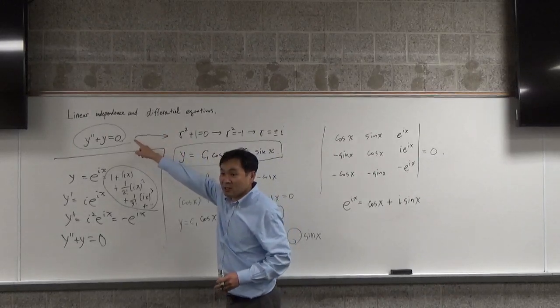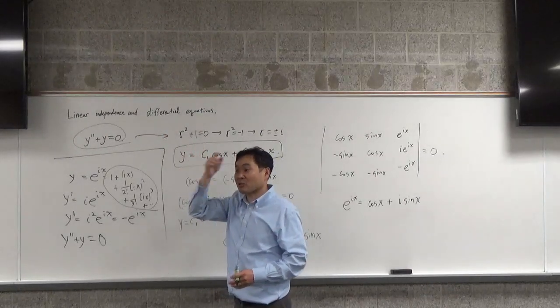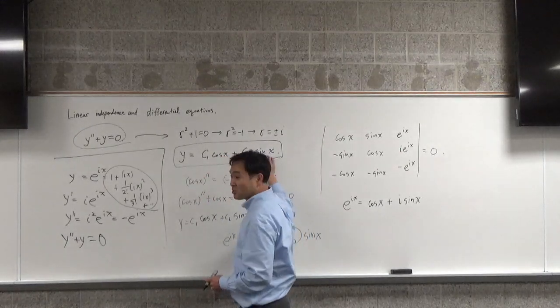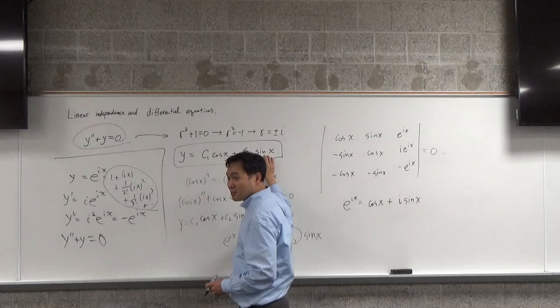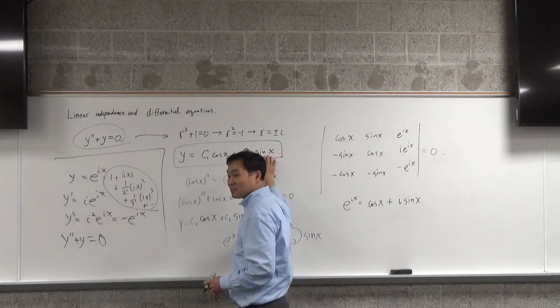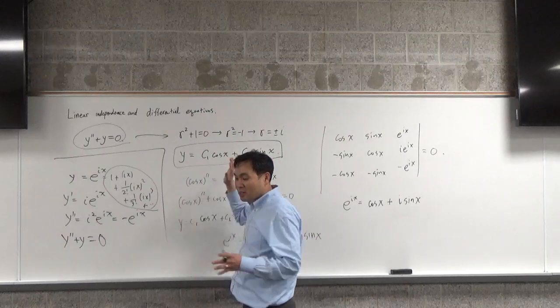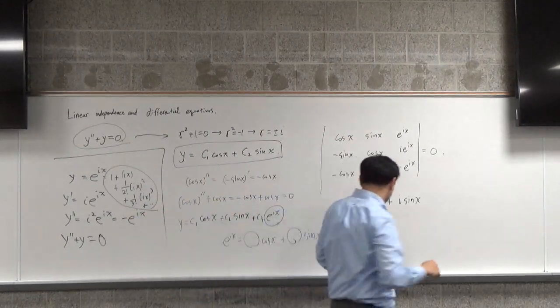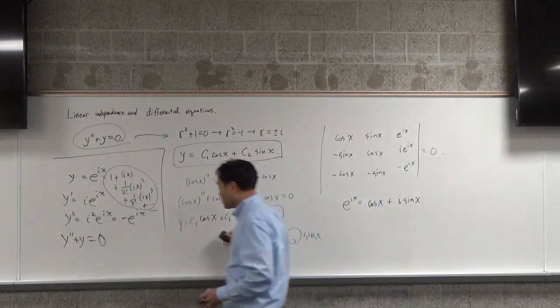Every solution in here is a vector in some abstract vector space, and it's spanned by these two vectors, cosine and sine. And these two vectors also happen to be linearly independent, which says another thing. It means that the expression is unique. So that's one part that I should do.